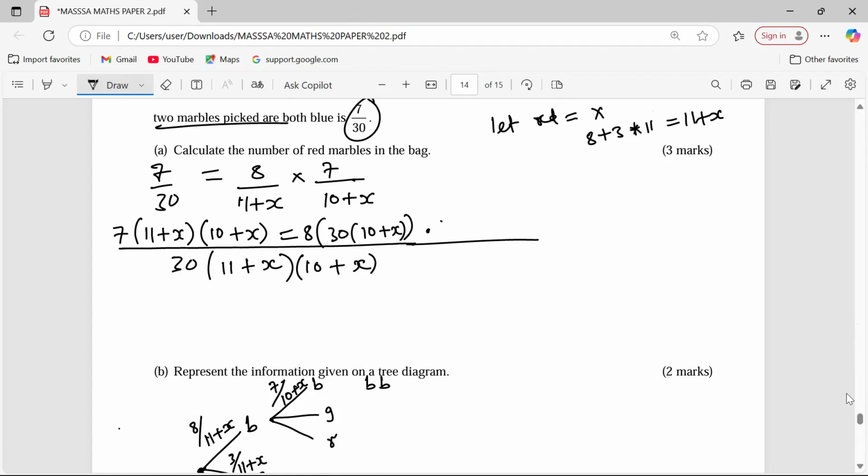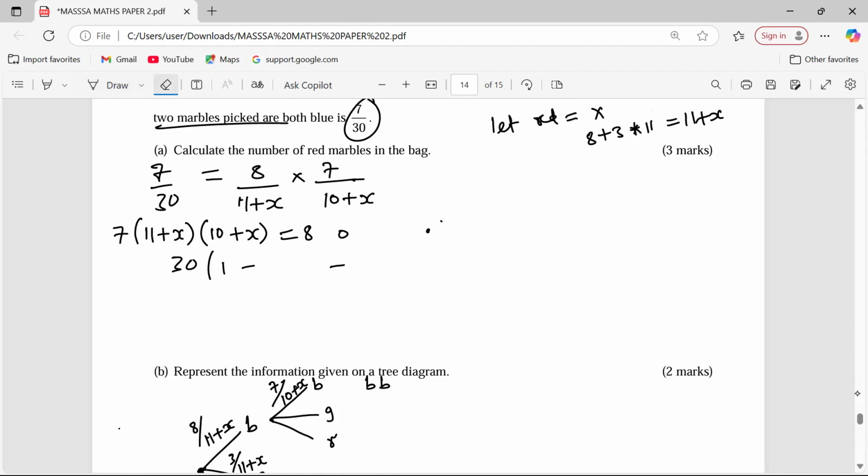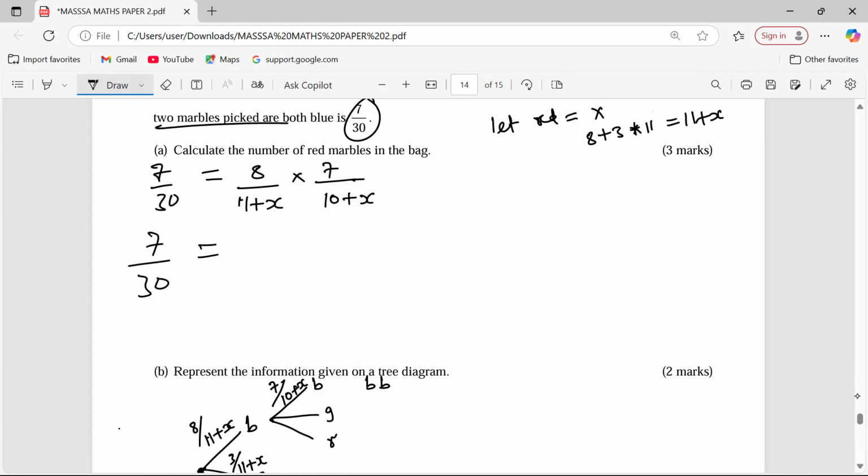Okay, actually, we can make it simpler in this way. Let me just take you back a little bit. We make this one a common numerator. 7 over 30 equals 56 out of 11 plus X, 10 plus X. Yeah, that way.